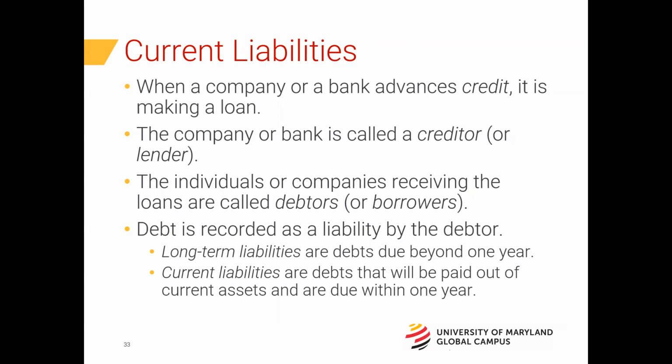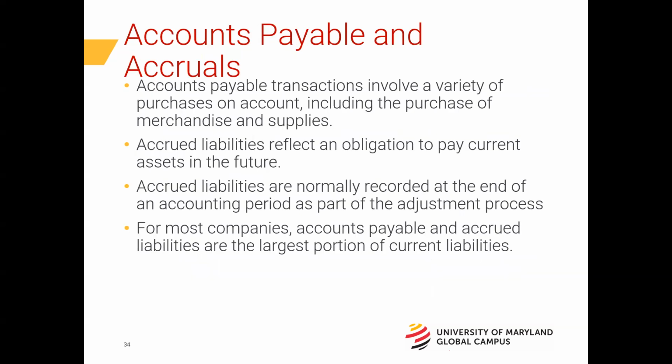So every next 12 months is considered the current portion. So my current portion of my long-term debt runs from June 2021 to June 2022. If you think of it that way, when you hear current portion of long-term debt, think the next 12 months that it's owed, right?